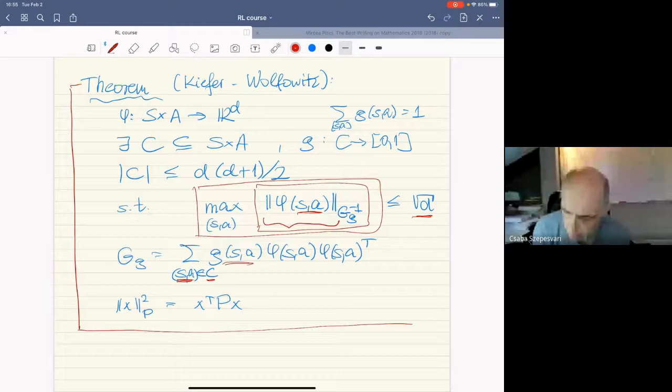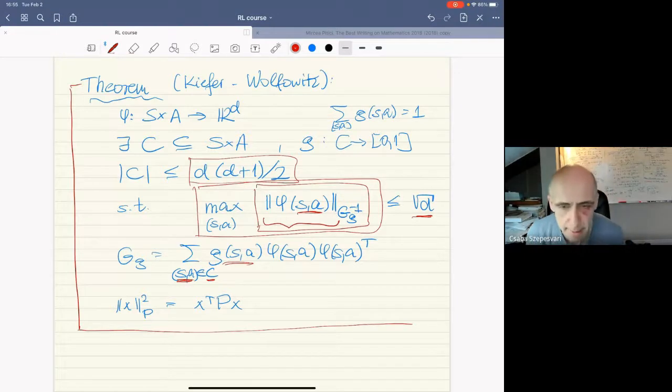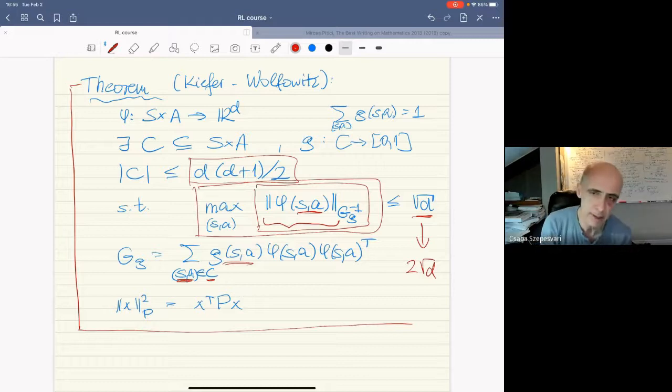And the number of measurements you have to take at different points, so the cardinality of this set C, doesn't have to be too large. Roughly d squared points are sufficient. And if you allow me to increase this to 2 times square root of d, the Kiefer-Wolfowitz theorem is a little bit more precise.